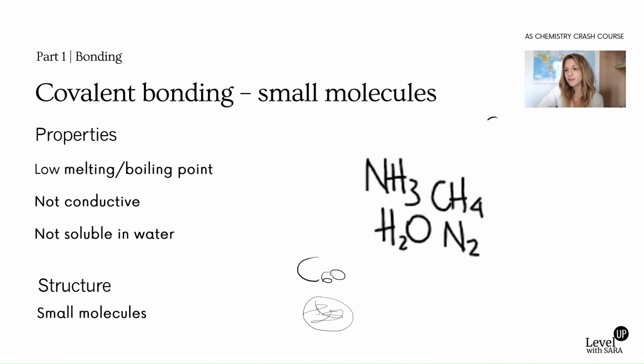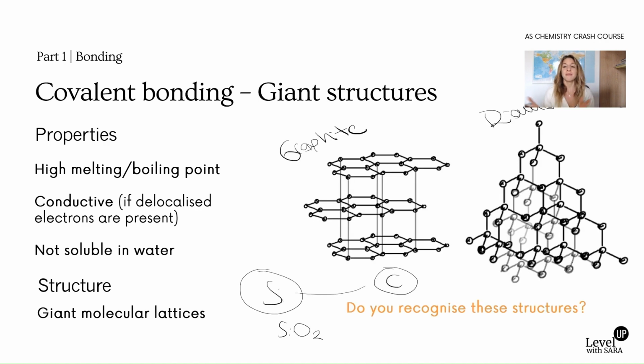Another example would be sulfur. Sulfur exists as S8. Still, it's a small molecule, but it's pretty large because there are 8 atoms all bonded together. But a small molecule always has a limited number that we can count, while in a giant structure there are many, many atoms bonded together, and the properties will be completely different.